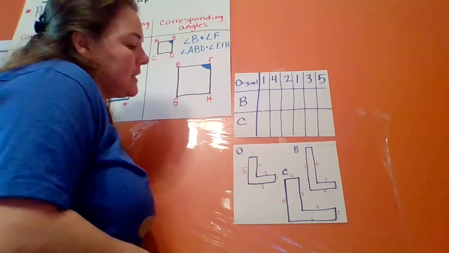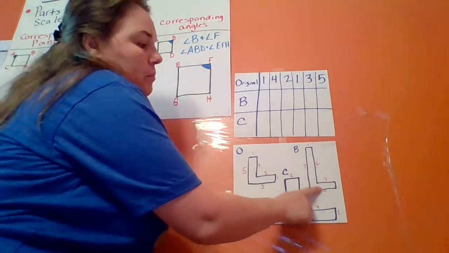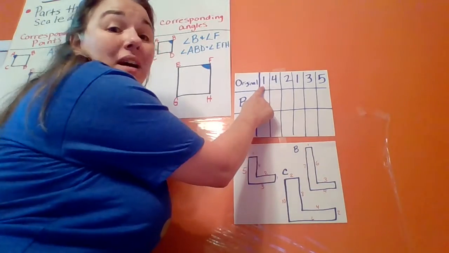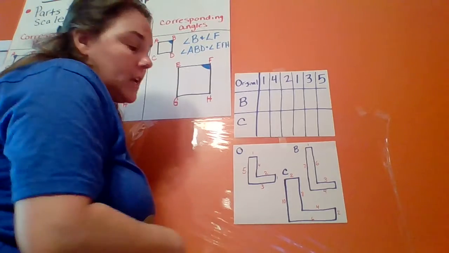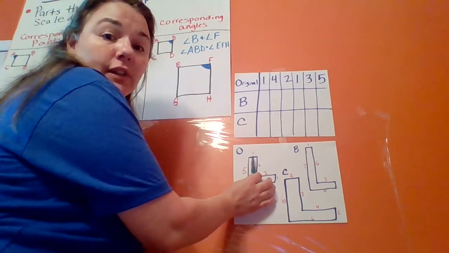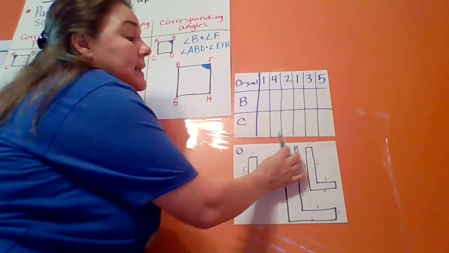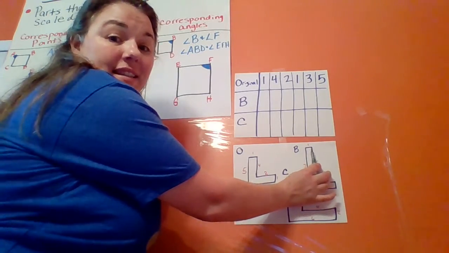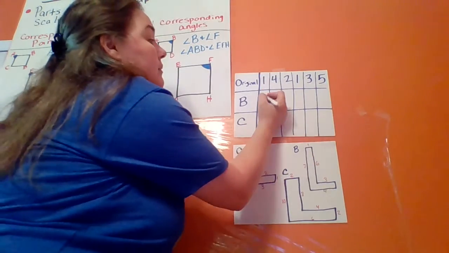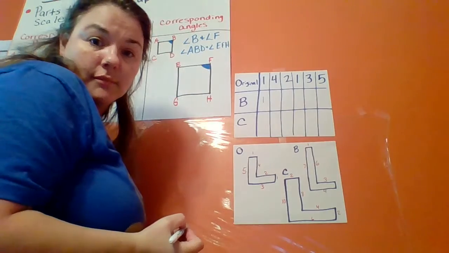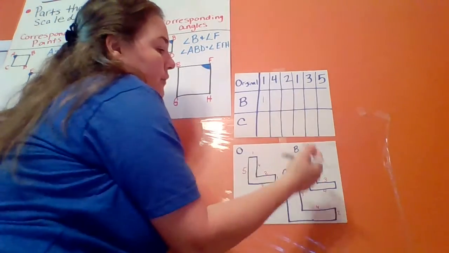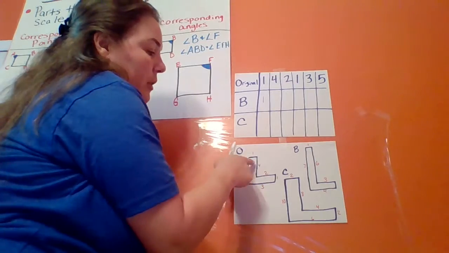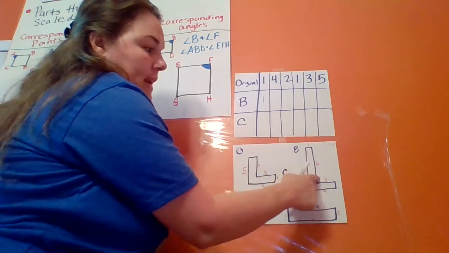So first thing, we're going to fill in for B all the corresponding sides that go with all these numbers for our original. So if this side is 1 on the original, the corresponding part is this side over here, which is 1. For the 4, I'm going to look at its corresponding side, which is right here.